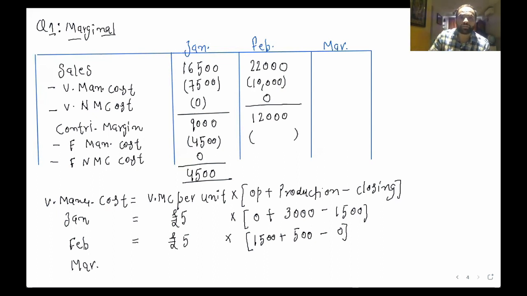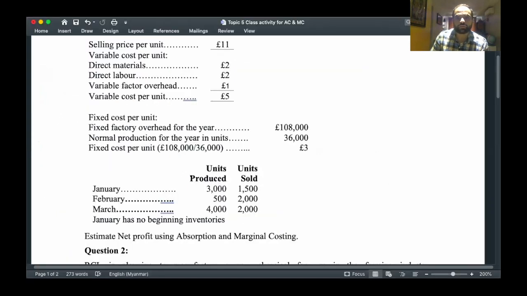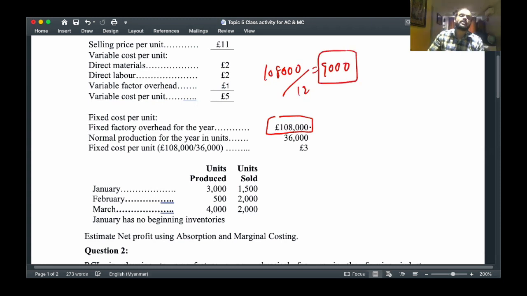So let me show you. Your fixed manufacturing cost is 108,000. All right. So we are calculating for month. So which means 9,000. This is the right way to calculate.